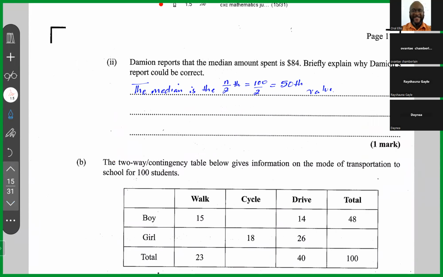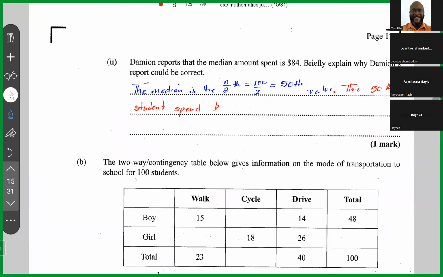So now this says the median is the 50th value. Now the 50th student, from what we just did with the cumulative frequency, spends between $70 and $80.